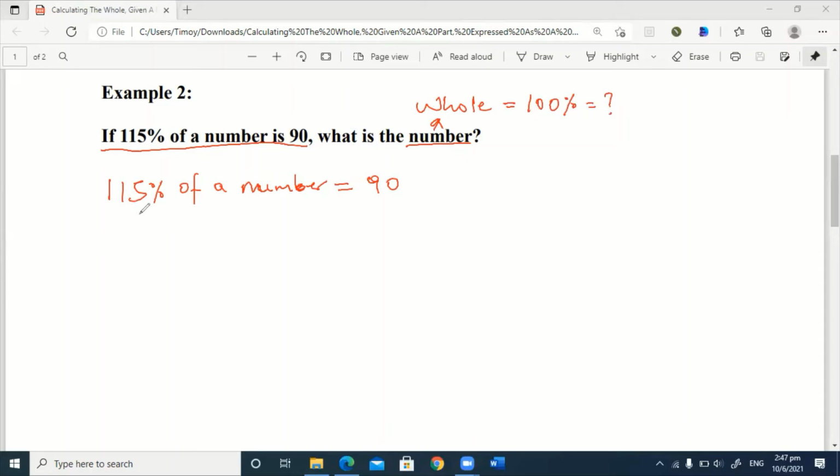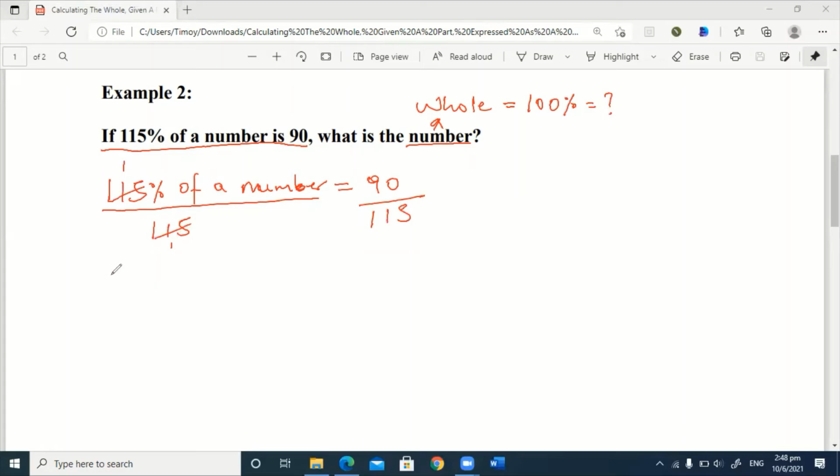We're going to find 1% first. How can we find 1%? By dividing by 115%. So we're going to divide both sides by 115. Now 115 divided by 115, that will give us 1, as you can see.